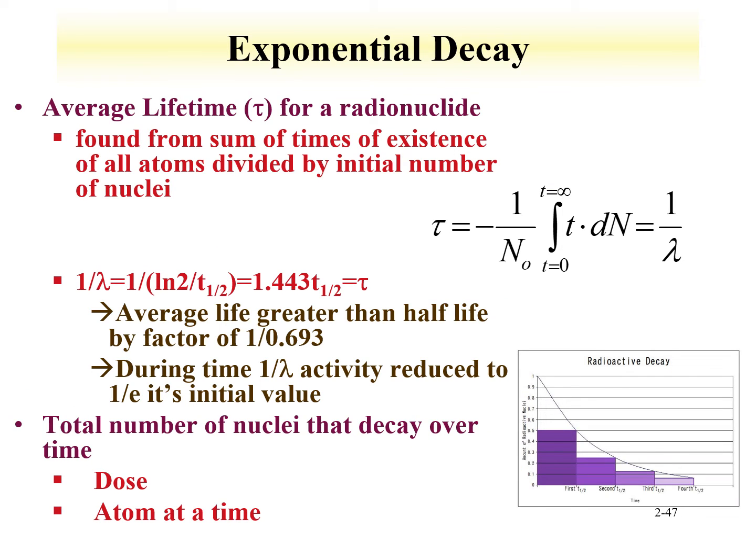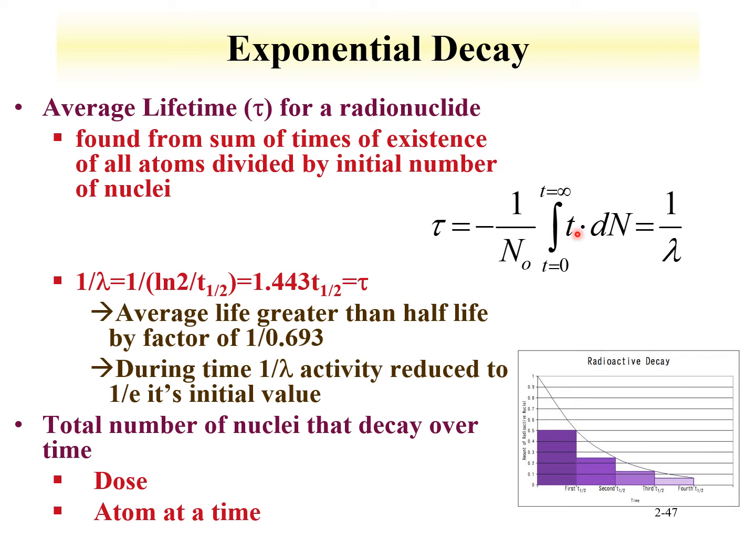As opposed to discussing the half-life of a radionuclide, the amount of time it takes for half of that radionuclide to decay, I can also discuss an average lifetime of a radionuclide. It's the sum of the times of existence of all atoms divided by the initial number of nuclides. This average lifetime is equal to this equation here, and I can expand on this.